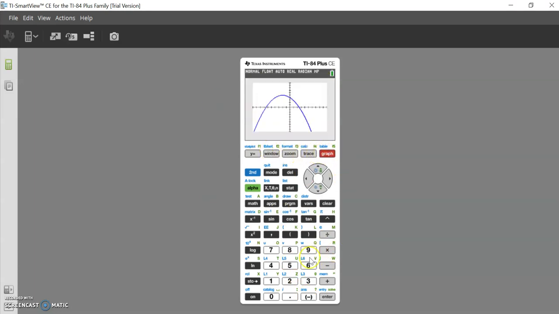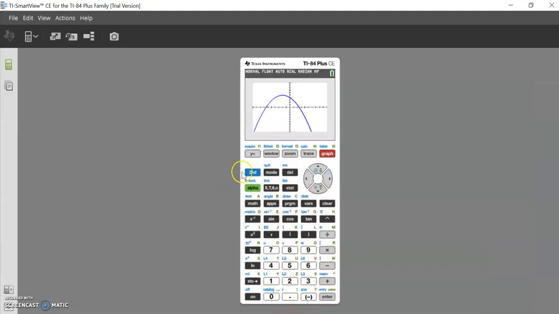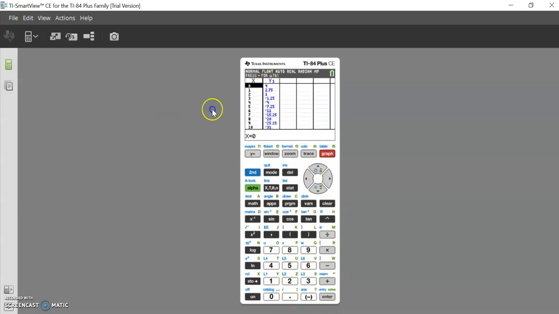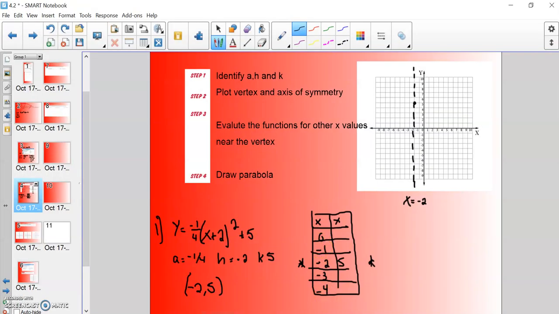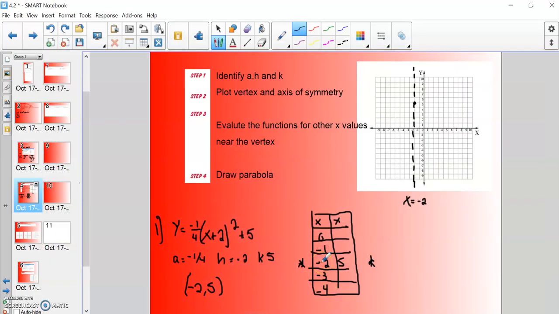So there's my graph. Ultimately, though, we want to save time on our table of values. If you go to second table, we should be able to get these values from our table. Let's arrow up. We're starting at 0 and going to negative 4. So it's 4, 4.75, 5, 4.75, 4. The table of values is just a good way to save yourself time. You don't have to do that.